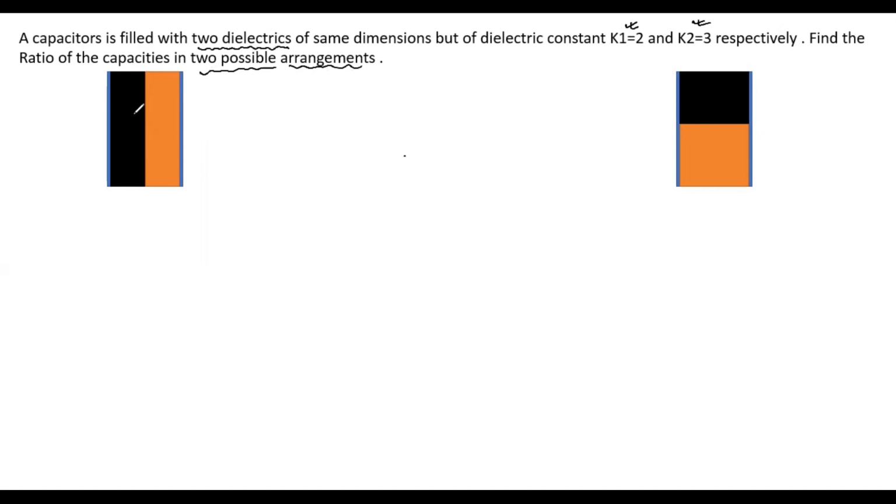So here, if you see, both these dielectrics have the same area, the same as the area of the metal plates, but their thickness is d by 2. Remember, d is nothing but the separation between these metal plates. This is our first arrangement, how we can insert two dielectrics. This is the second arrangement.